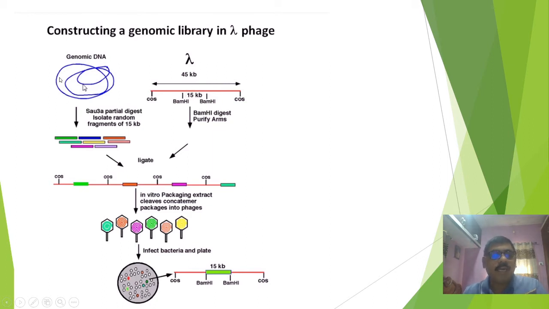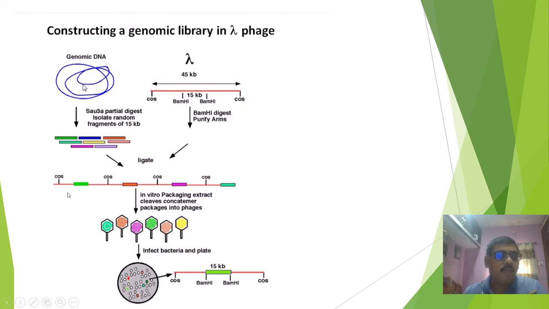The genomic DNA from which you have to isolate the gene is cut into very small fragments, and these fragments are ligated with the genome of the lambda phage. The cos sites are present at the terminal ends of the lambda phage, for what purpose?